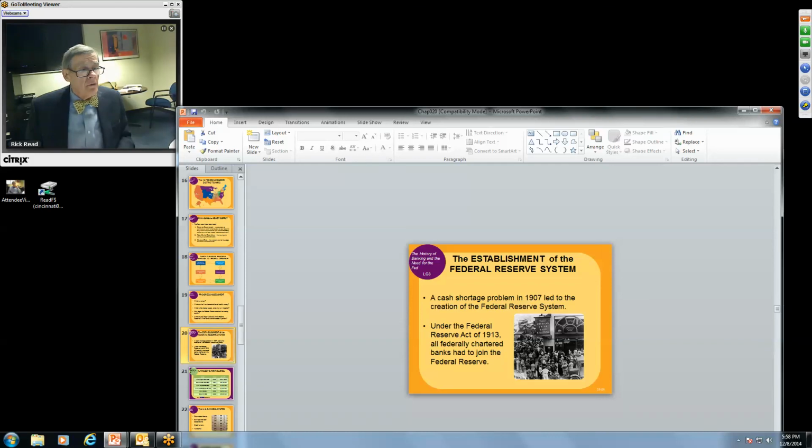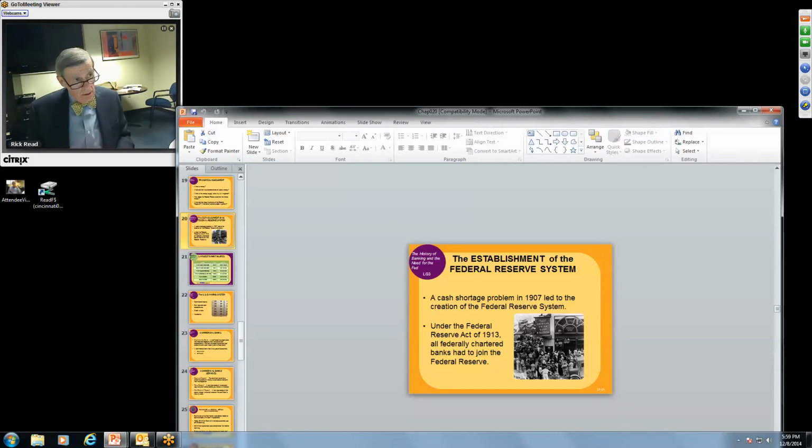The Federal Reserve was established in 1907, due to the stock market crash, or the actual financial crisis and crash of that year, 1907. Many people believe that that financial collapse was engineered by J.P. Morgan, a great financier of those days, and he had a good deal of the financial market.